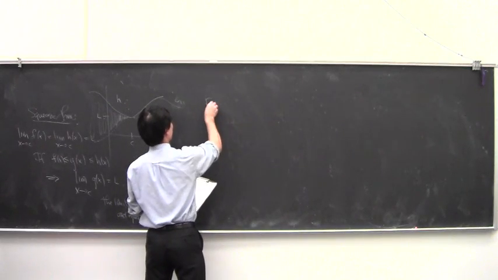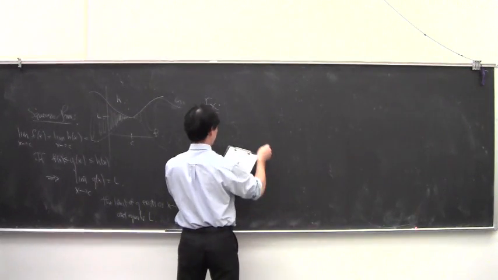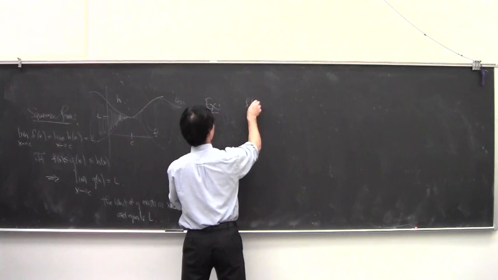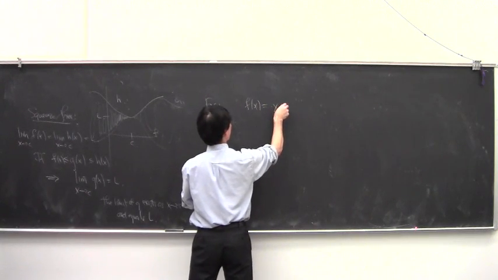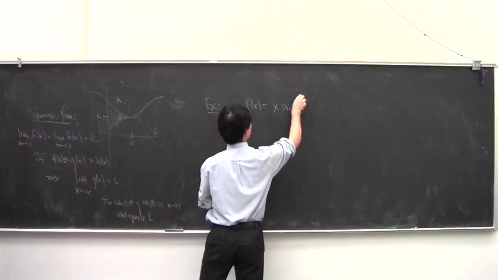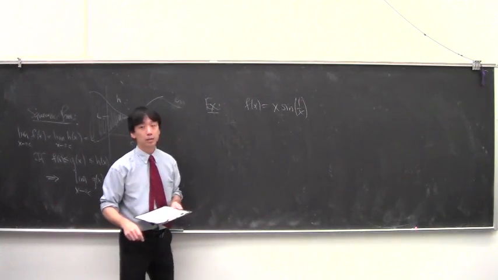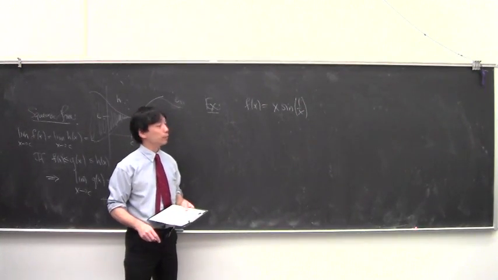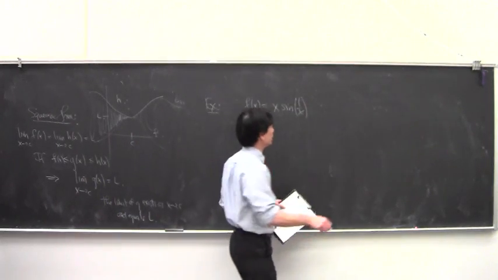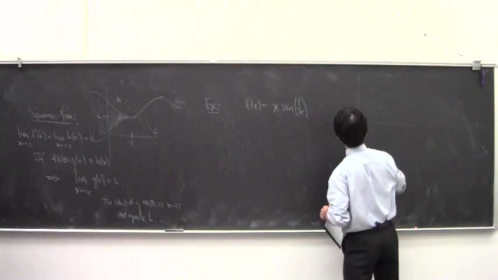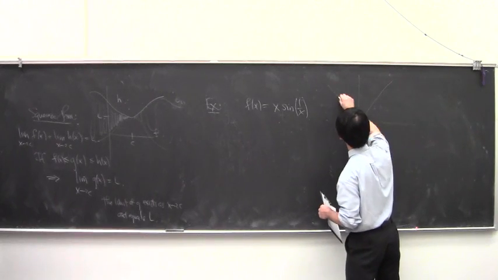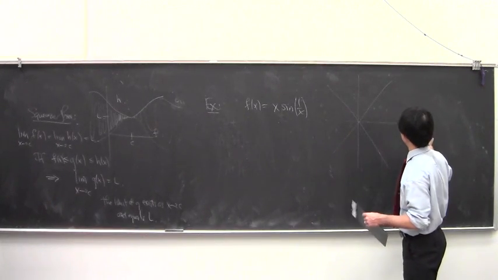Let me give you an example. f of x is x sine 1 over x. This is a crazy looking function. It looks something like this.